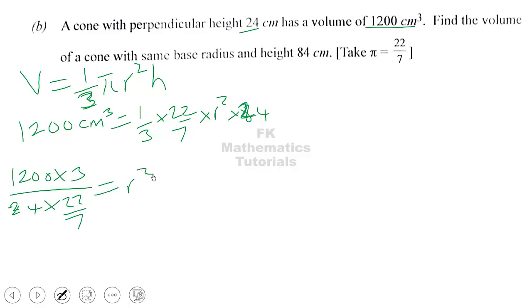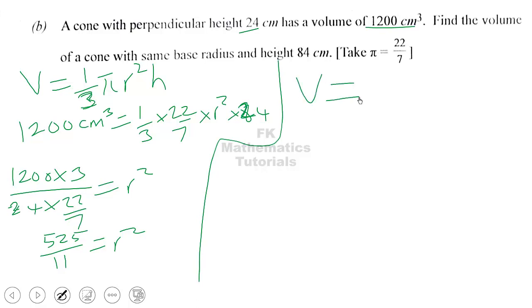Sorry, this is 24, not 84. So this will be 525 over 11 is equal to r squared. Let's keep it like this. So the volume of the cone with the same base radius and height 84 centimeters will be 1 over 3 times pi, which is 22 over 7, times r square.